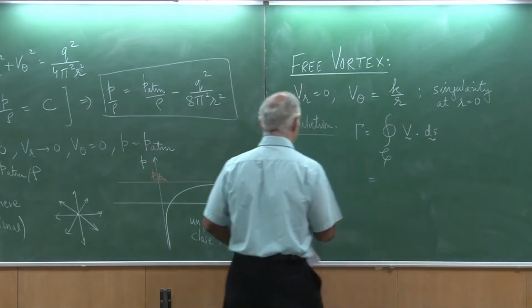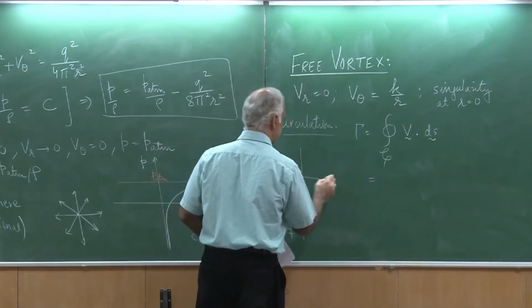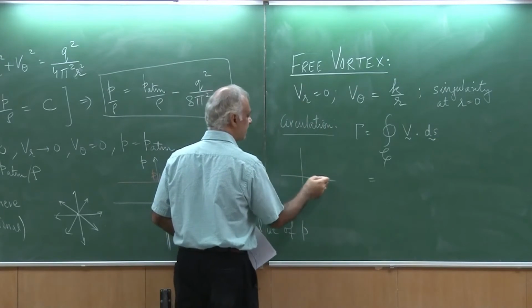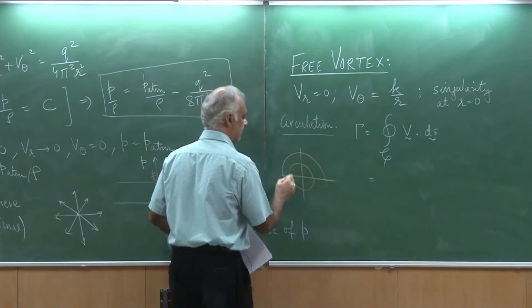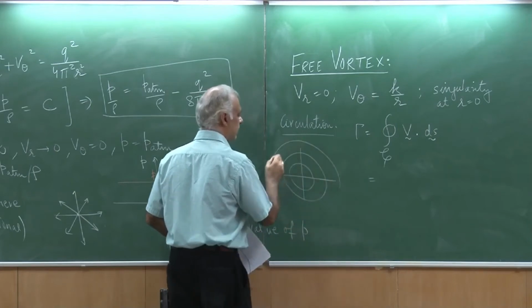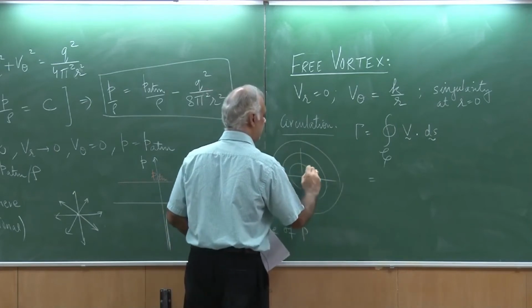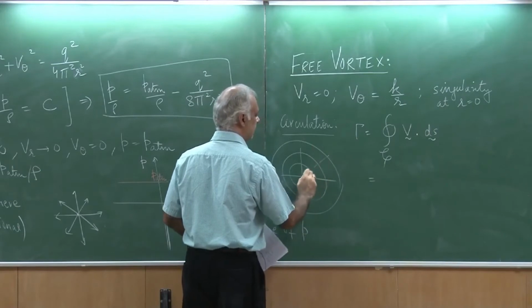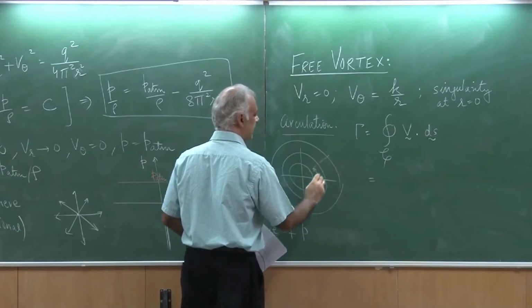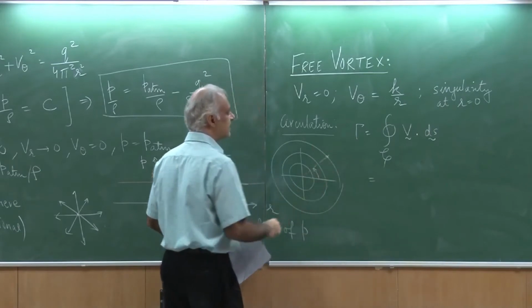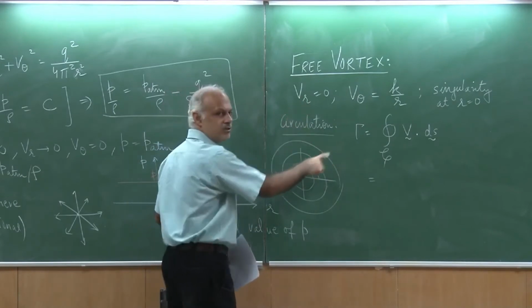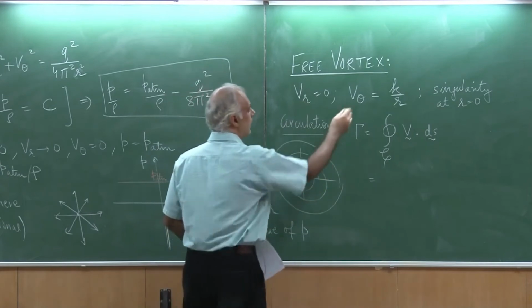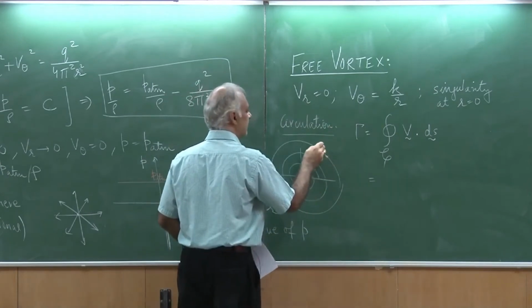I'll again draw a small diagram here. In fact, you can already guess what the streamlines are going to look like. These are going to be circles, because if I look at any point at a distance r, then my radial speed is 0, so there is no flow in the radial direction, but there is a v theta like this.